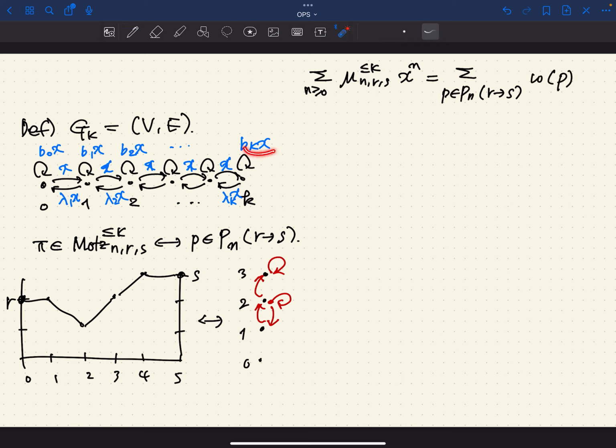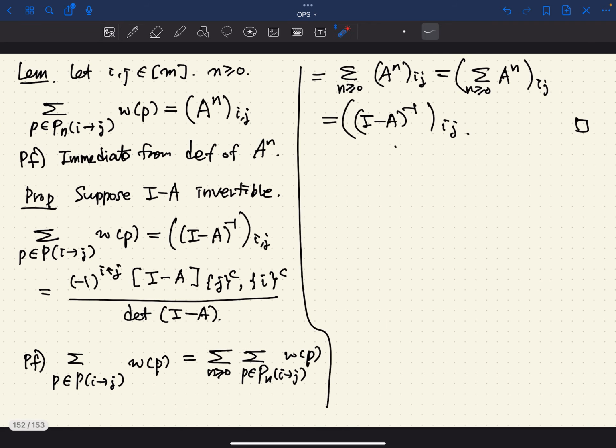I define the weight with x here so that I don't have to multiply x to the length of P, just to make it look simpler, but it's really the same thing. All right, now we express this as a generating function for all paths. Now we can use this theorem, this proposition. Maybe I can just copy this.